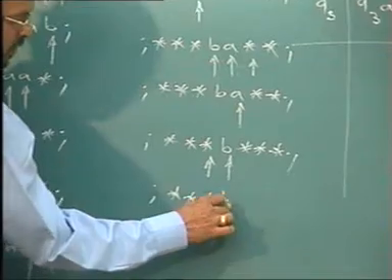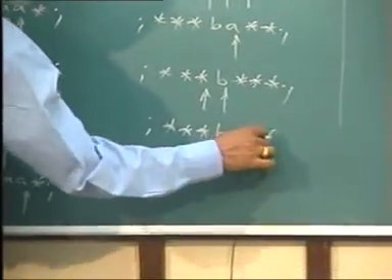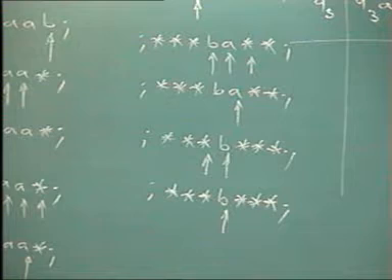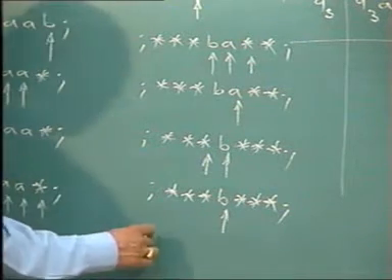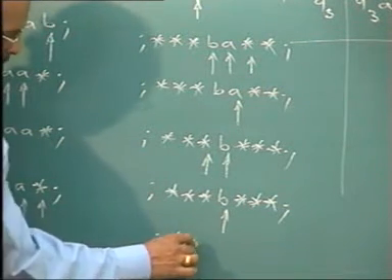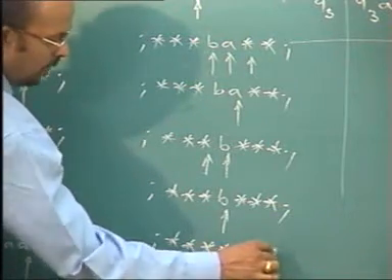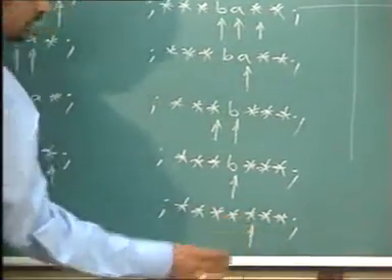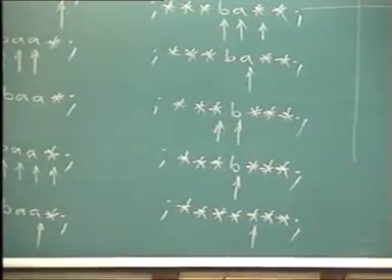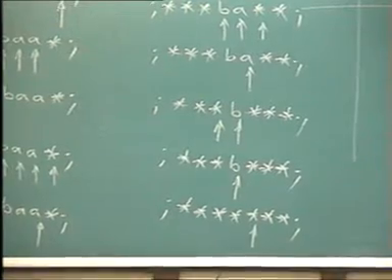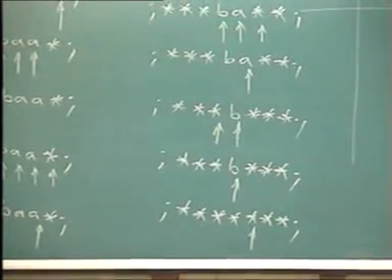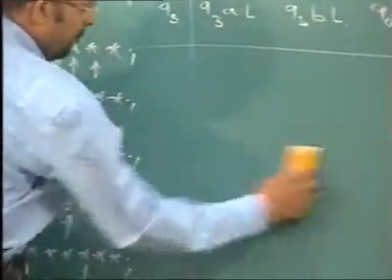When you reach star, move the head one position towards the right. You get it as B. Mark it as star and move the head one position towards the right, and keep on moving to the right till you reach star. But here I get star directly. In that case, star के left में आना होगा.